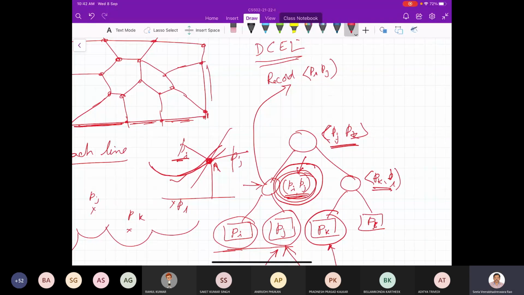This is the record we require, because whenever this edge is modified, the corresponding record in the doubly connected edge list needs to be modified. So that is the reason.